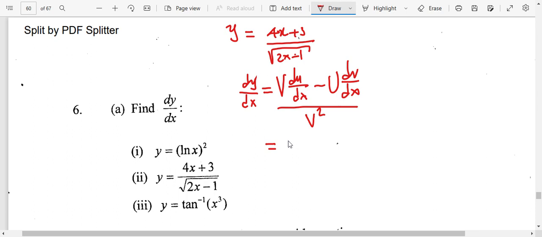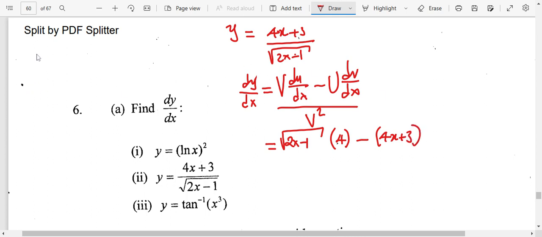So v is what is in the denominator, that is the square root of 2x minus 1, and then u, that is what is on top, we differentiate, that will just give us a 4. Then minus, we get what is on top, which is the 4x plus 3, times the derivative of what is down.